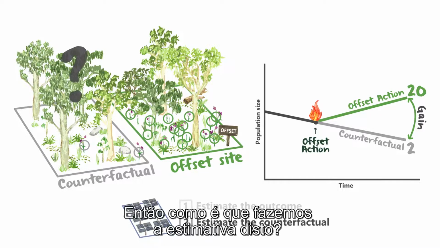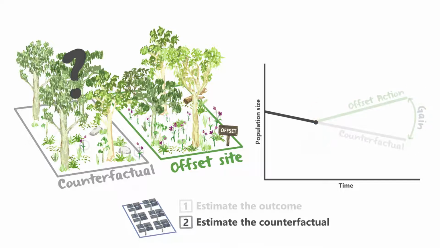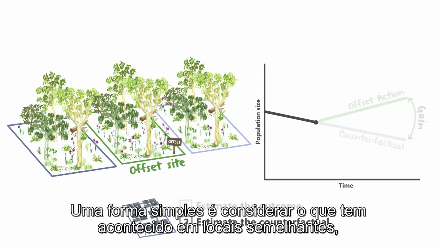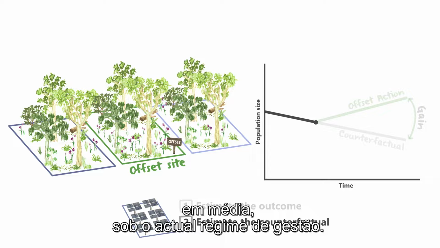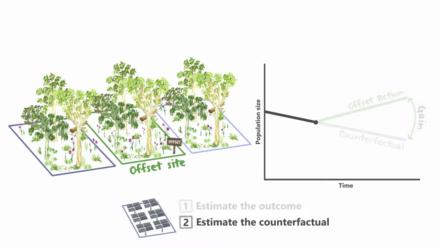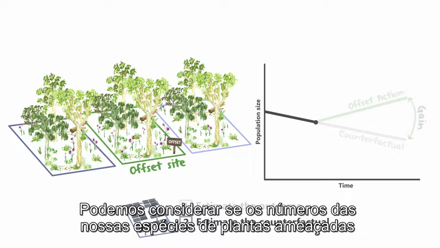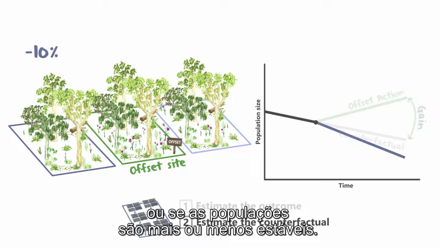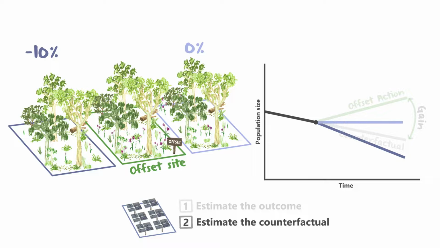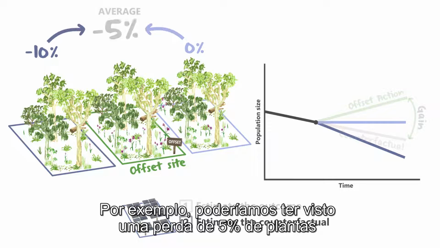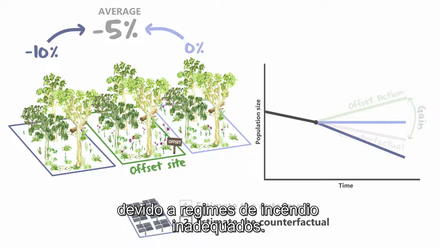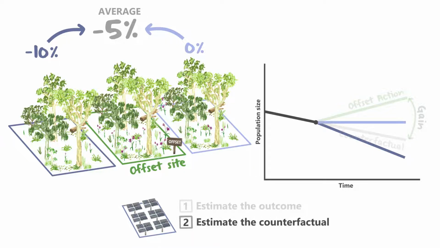So how do we go about estimating this? One simple way is to consider what has been happening at similar sites, on average, under the current management regime. We might consider whether the numbers of our threatened plant species have recently been declining at similar sites, or whether these populations are more or less stable. For example, we might have seen a 5% loss of plants over the past 10 years due to inappropriate fire regimes.